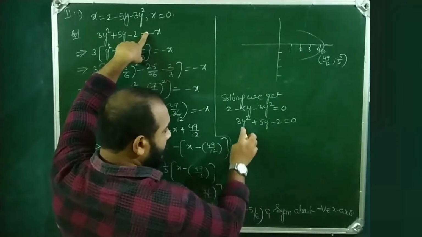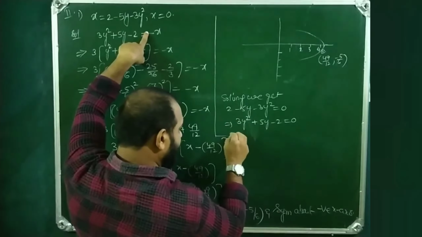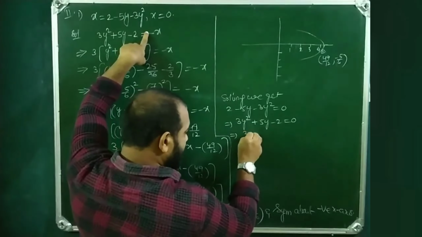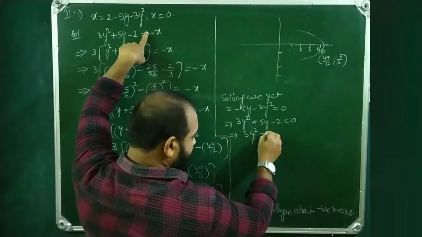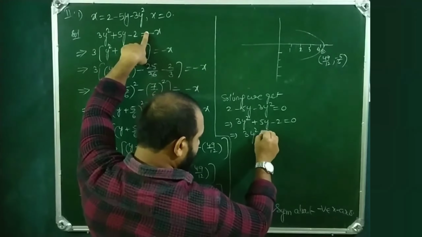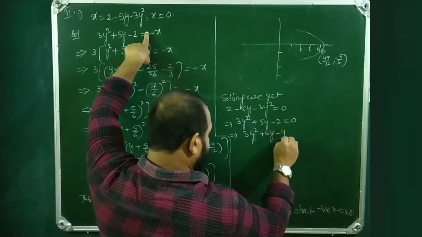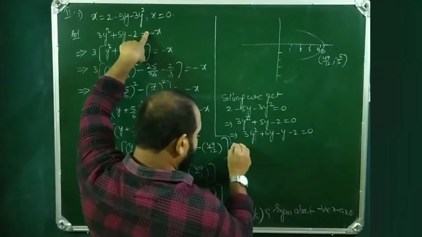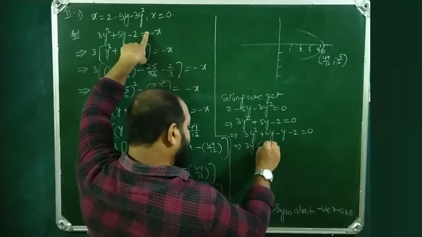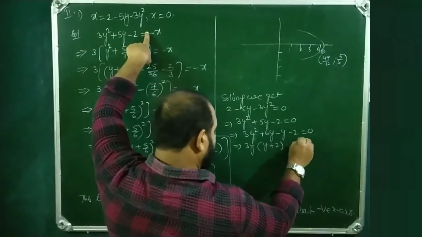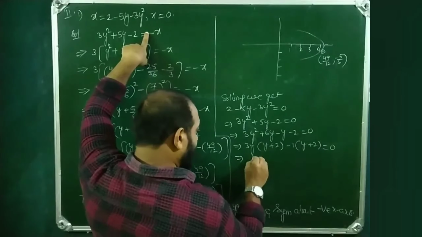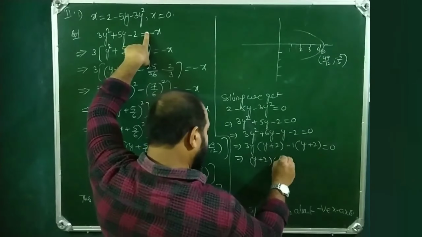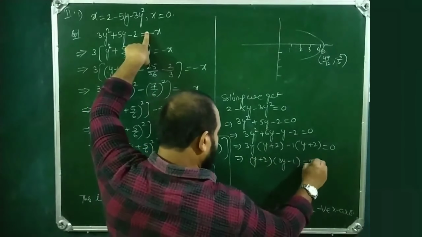This is 3 twos are 6, so we split it as 6y minus y minus 2 equals 0. If you take 3y common, y plus 2, and minus 1 common, y plus 2 equals 0. So this is (y plus 2)(3y minus 1) equals 0.